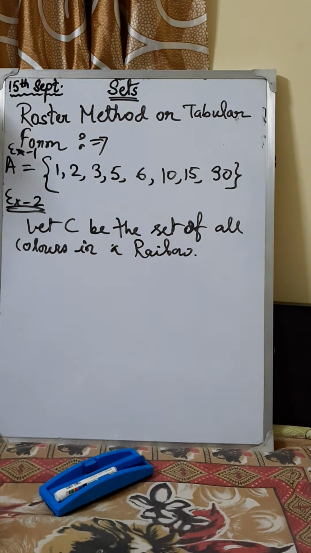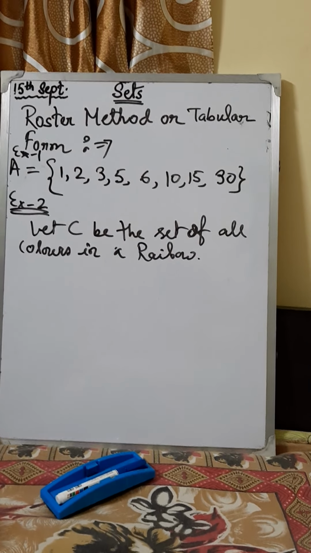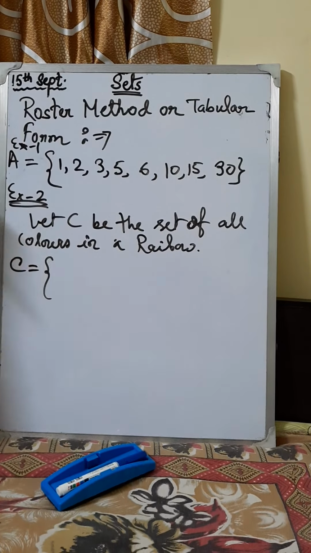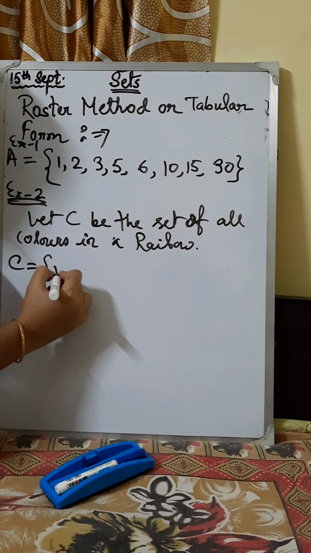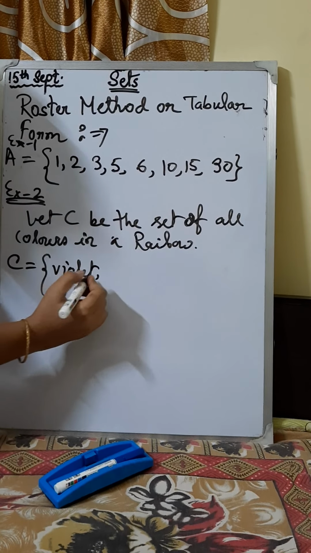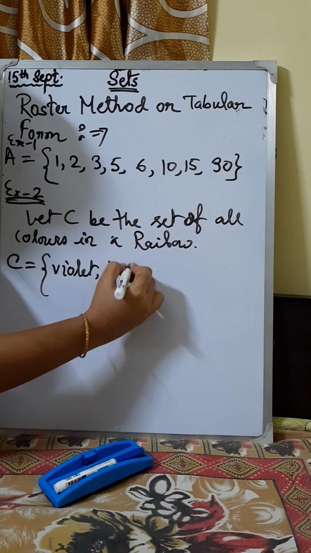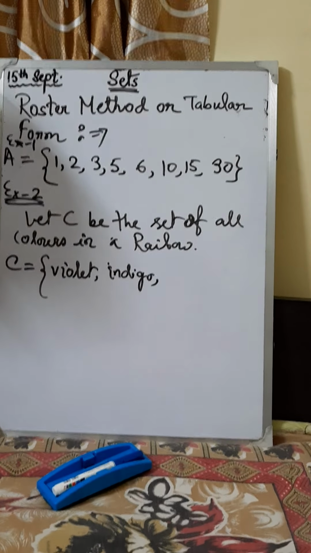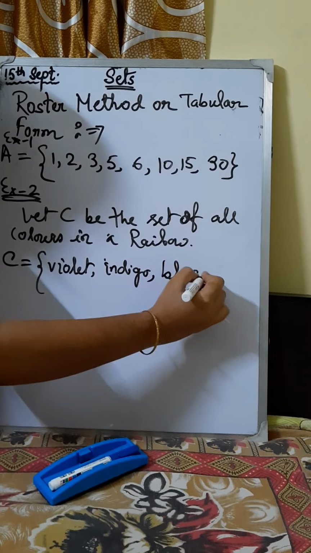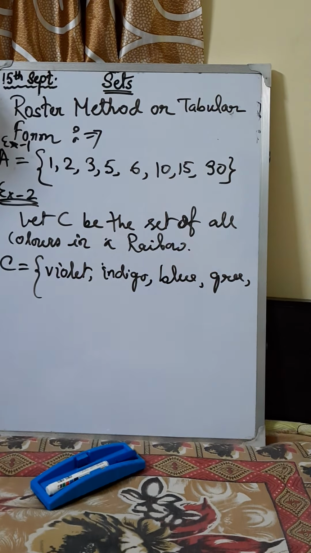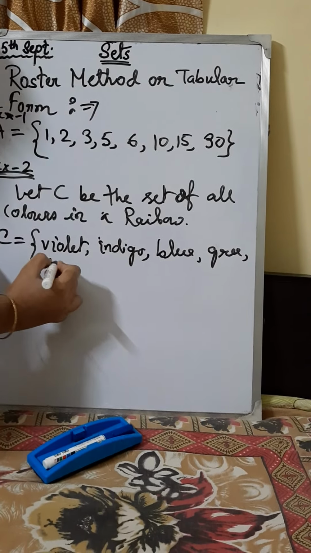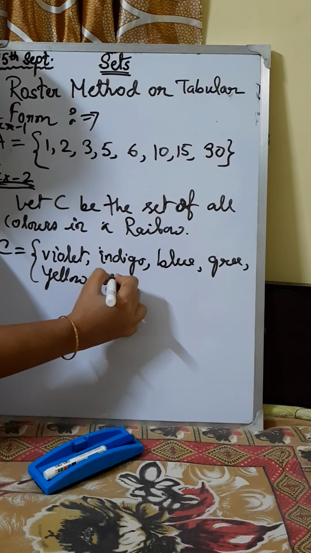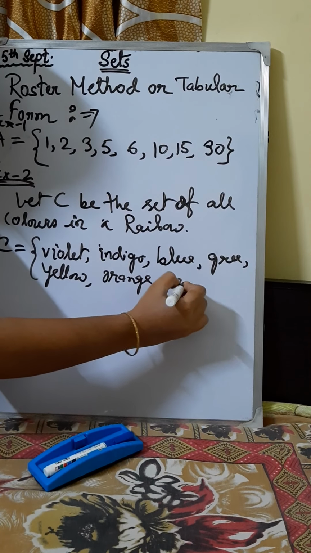You know that there are 7 colors in a rainbow, so you can write the names of the colors in the set: violet, indigo, blue, green, yellow, orange and red.